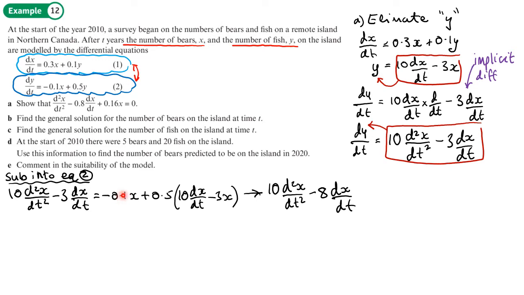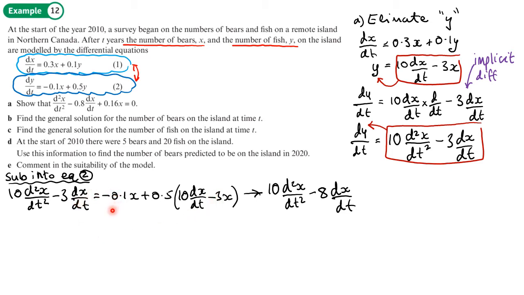Then in terms of my x, I've got negative 0.1, which will be plus 0.1 on the other side, and then I've basically got negative 1.5x, which will become plus 1.5.